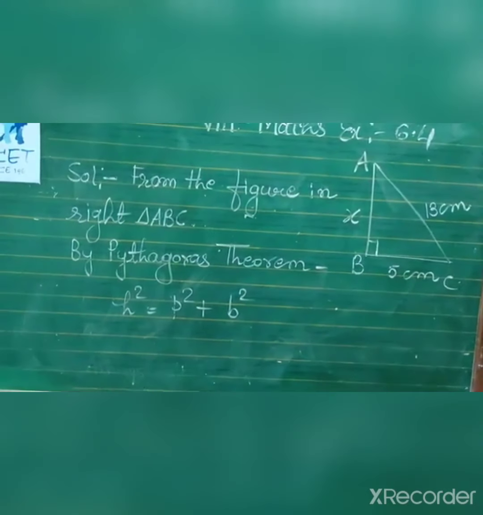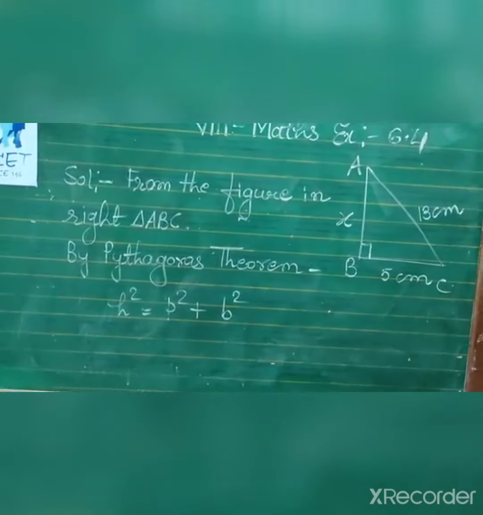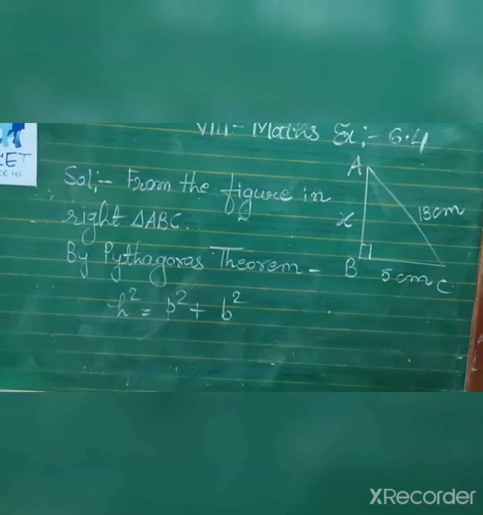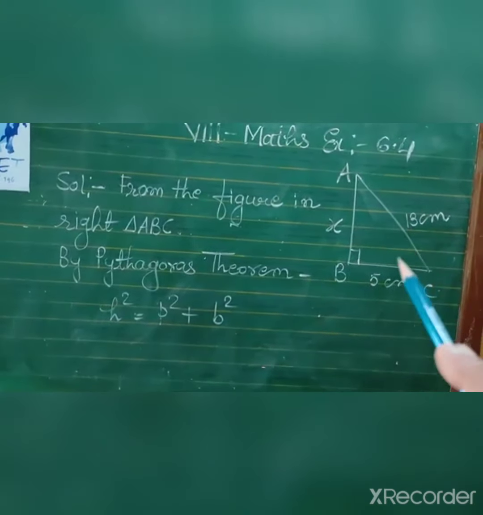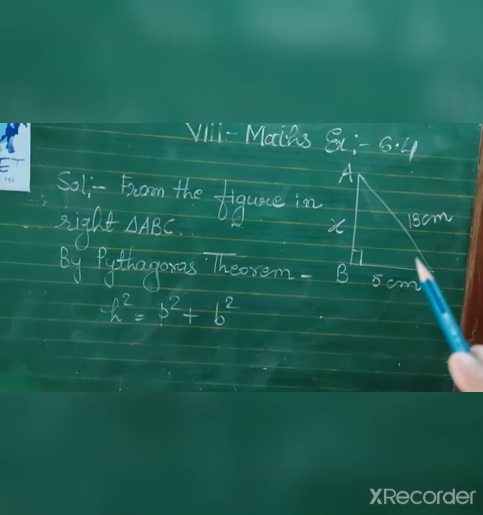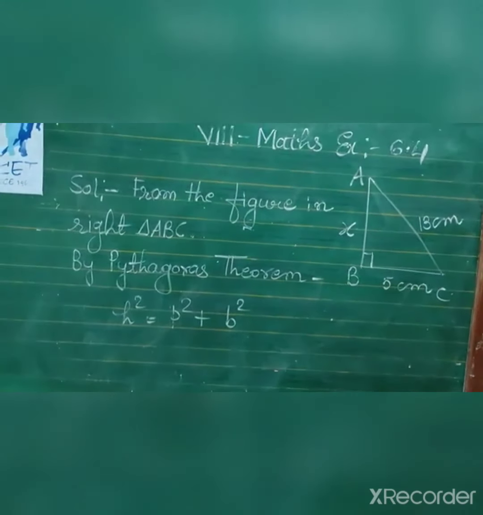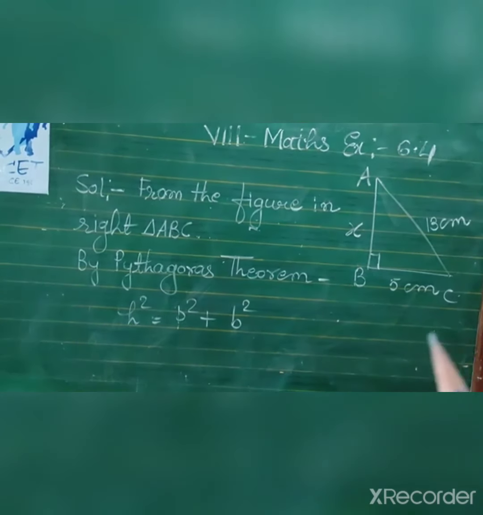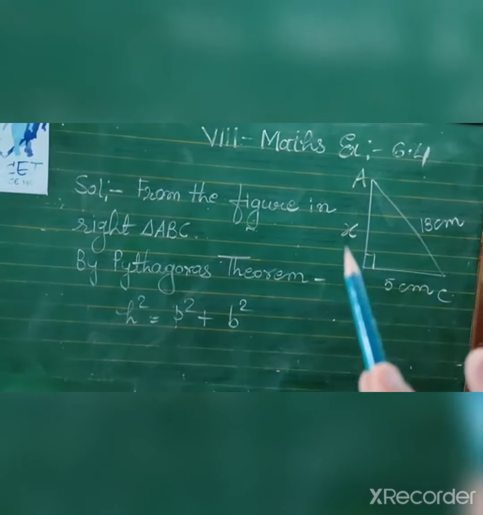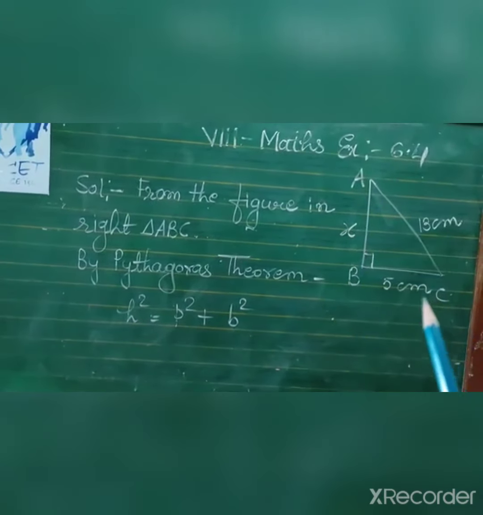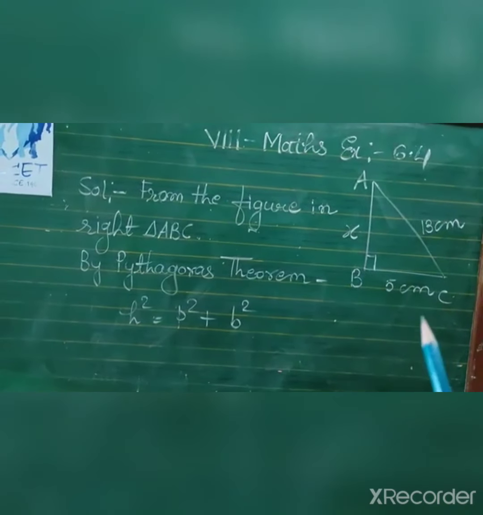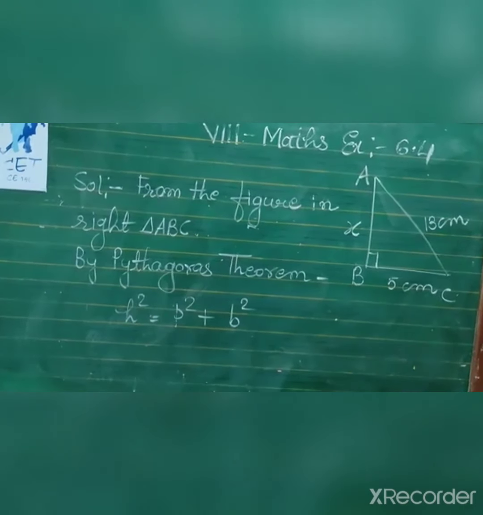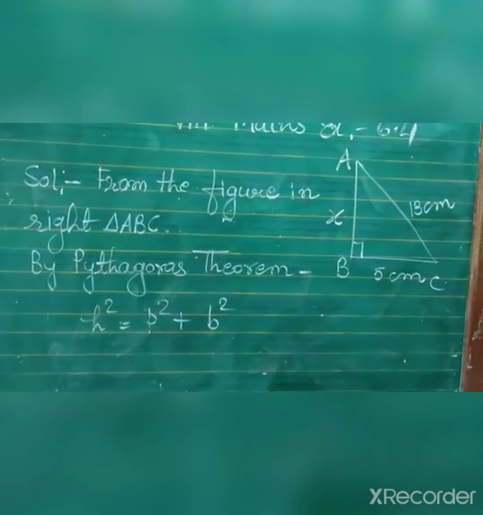The concept of the theorem is, if we take the hypotenuse, that means the opposite side of the right angle, that is called the hypotenuse. Its square is the sum of the square of perpendicular plus the square of base. Okay. Now we will put in the values.